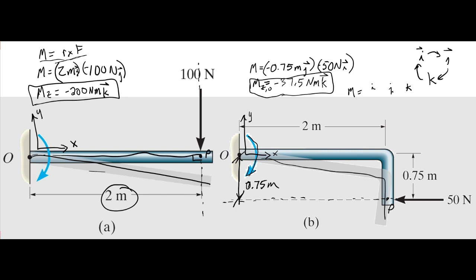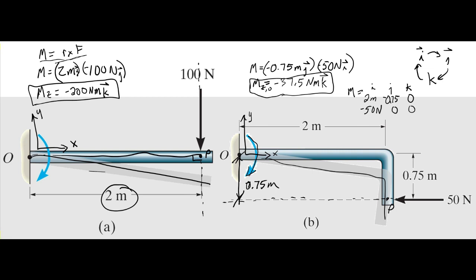Since we have the components of P minus the components of point O, and this is 0, 0, 0, we just have the coordinates of P, which would be 2 meters, minus 0.75 meters, and 0. And then the next row you'd have the 50, but it's in the I direction and it's negative, so negative 50 newtons here, and you have 0, 0.